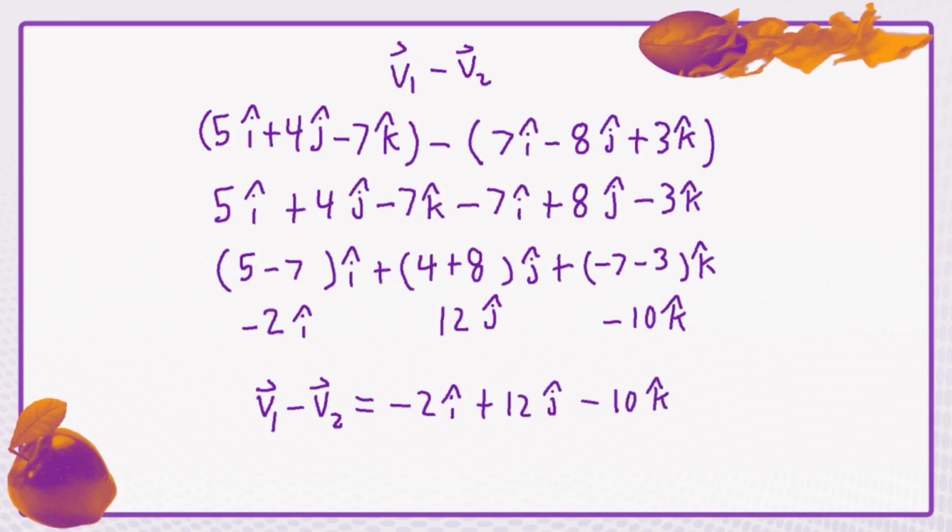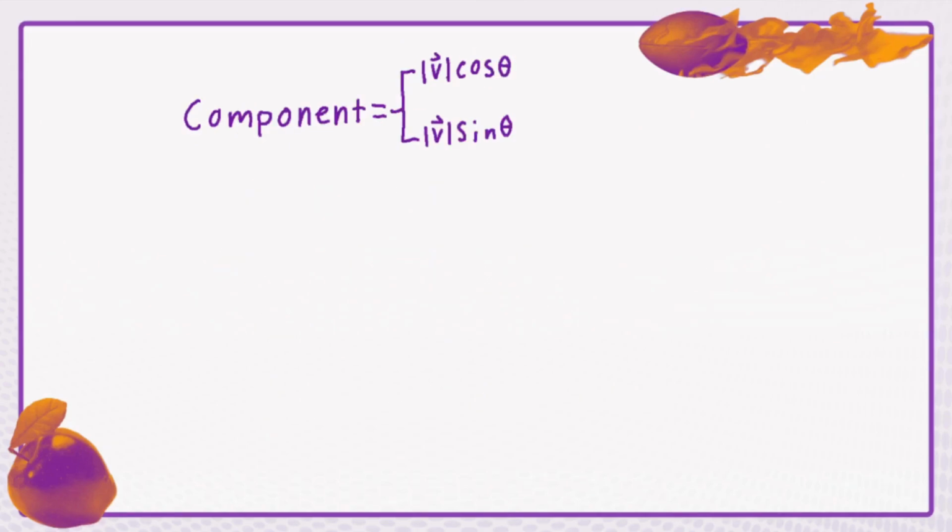Now that we know how to add and subtract vectors, let's go over how to go from magnitude and angle to vector notation. Sometimes, when a physics problem wants us to add or subtract vectors, they give us the vectors in magnitudes and angles. The good thing is that we have equations to go from magnitude and angle to vector notation.